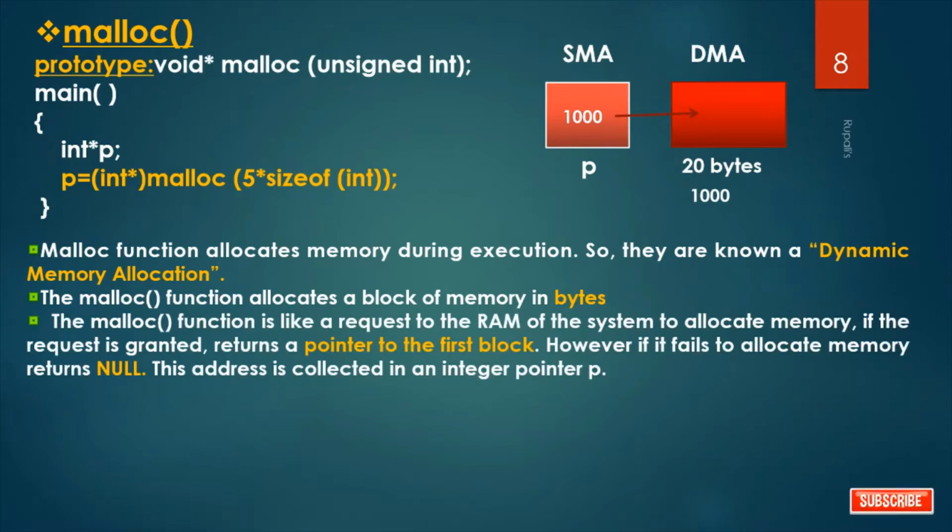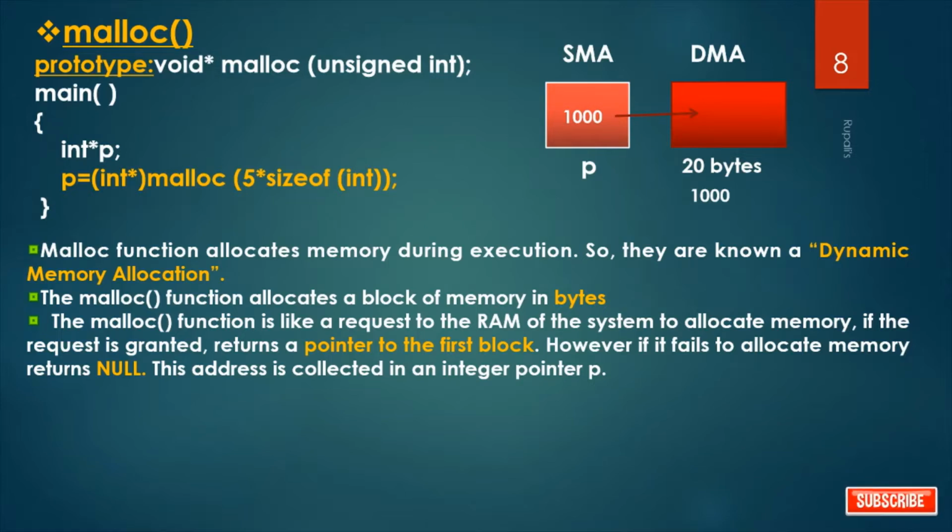If the request is granted, it returns a pointer to the first block, meaning it returns the base address of the allocated bytes to p. But if it fails to allocate memory, because the requested memory is not available, then it returns null. Then the value of p becomes null.